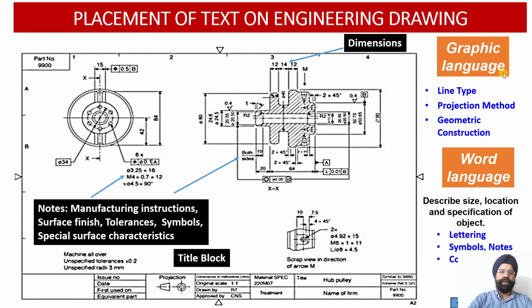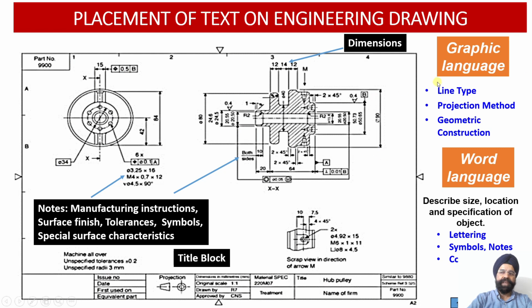But as we have already discussed, this graphic language is incomplete because it does not provide us the detailed information about the dimensions of the object and also the location details of the different parts of the objects.